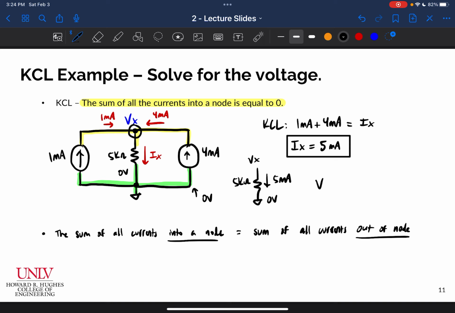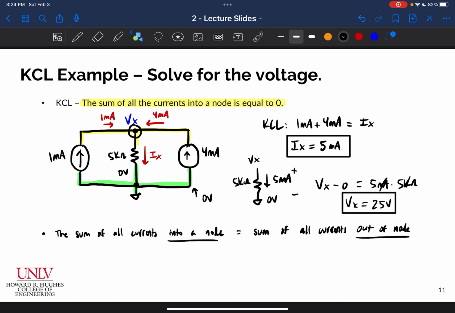And so I can say that the voltage across my resistor, Vx minus 0, is equal to 5 milliamps multiplied by 5 kilo ohms. The milli and the K cancel, and I get that Vx is 25 volts.